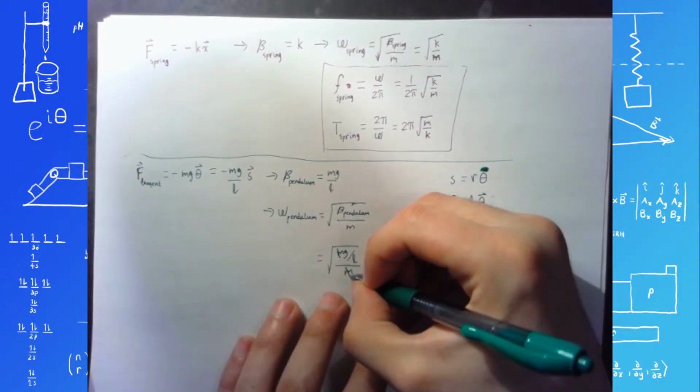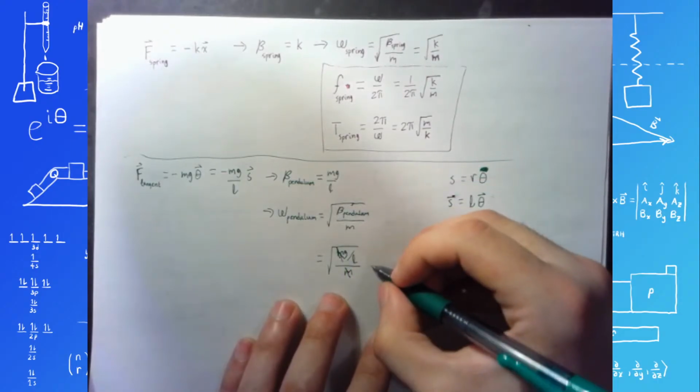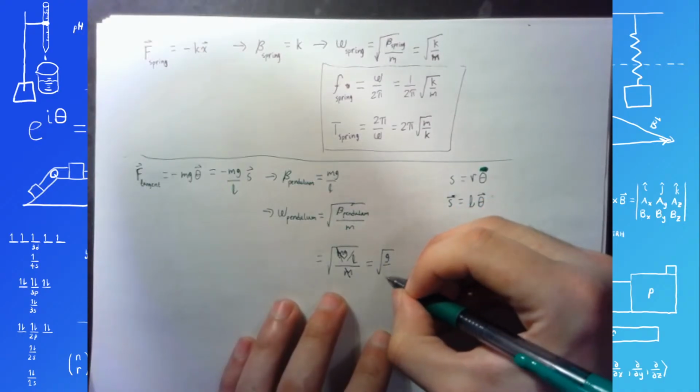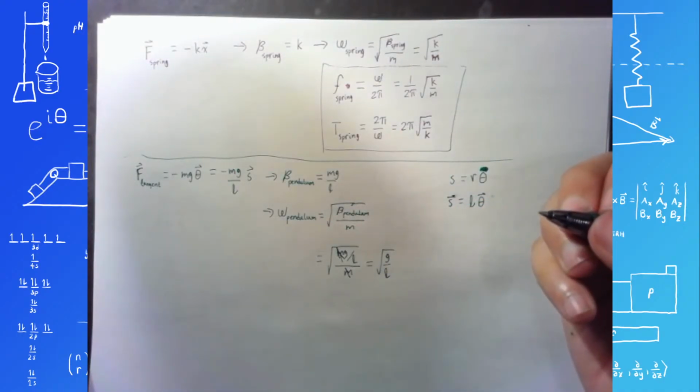The m's cancel out, and so I get the square root of g over L. There we go.